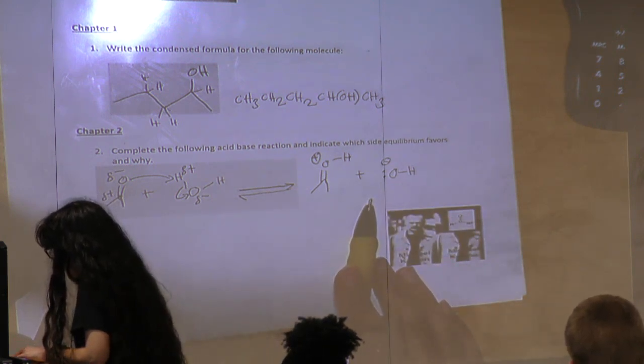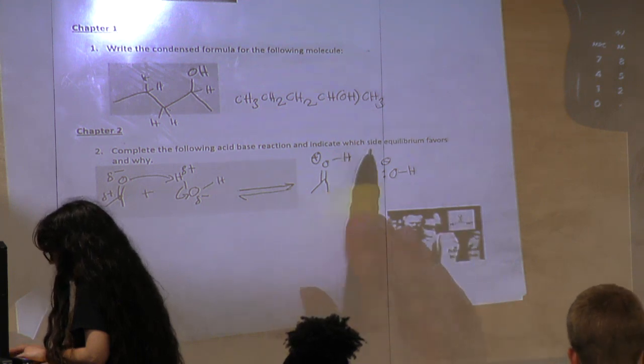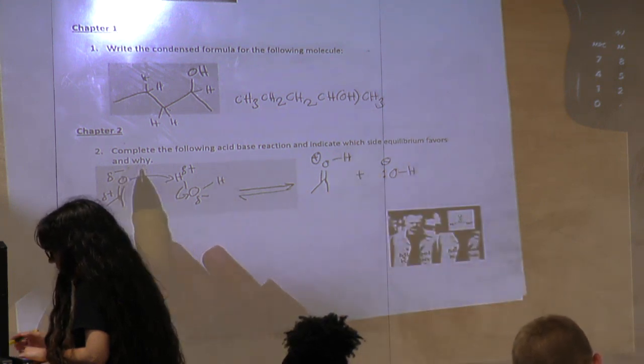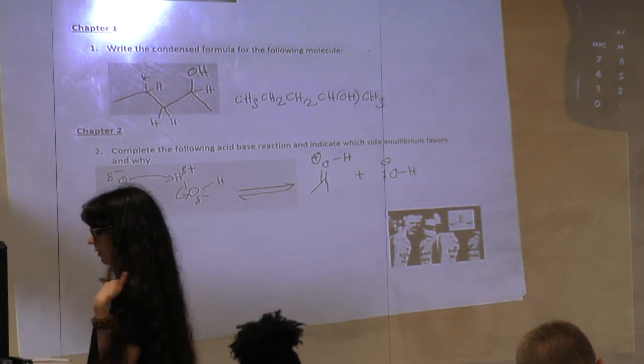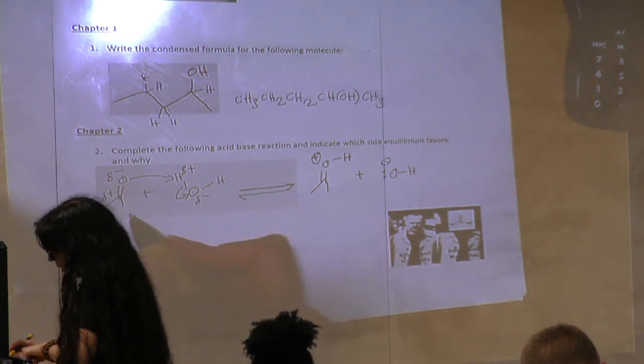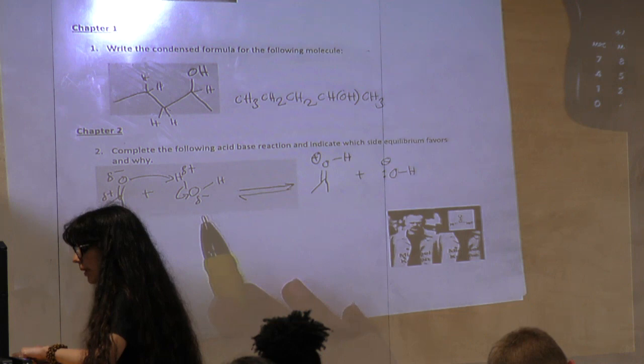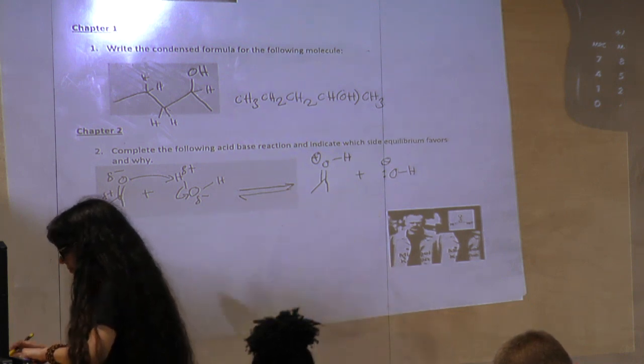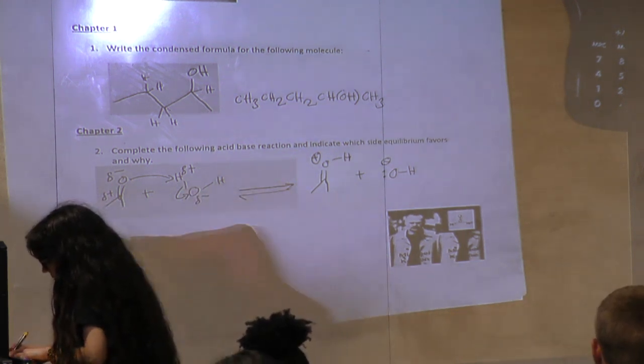And now we're asked to decide which side equilibrium favors and why. So what we're going to do is compare our base to our conjugate base and our acid and conjugate acid.